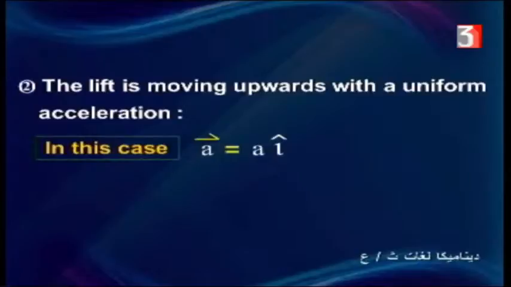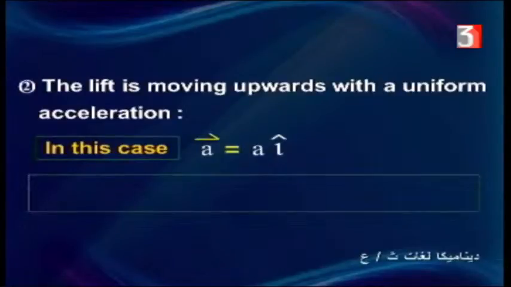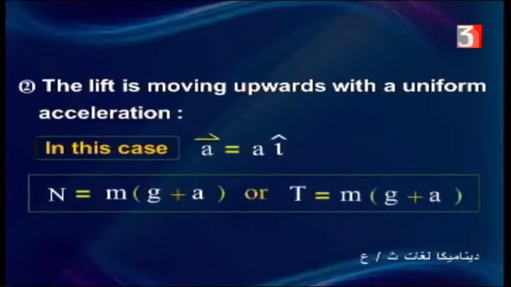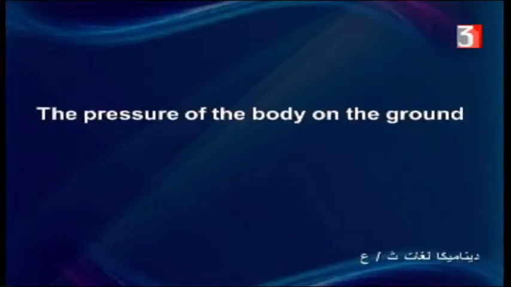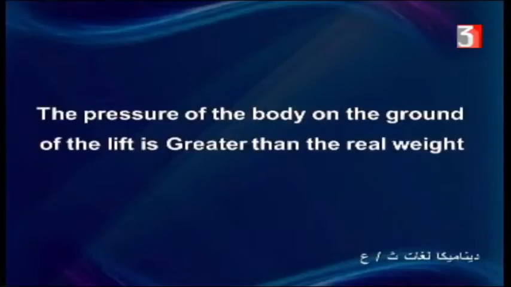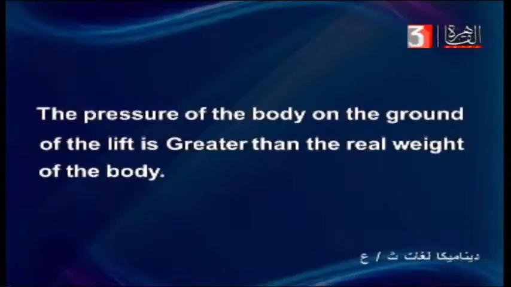The equation is written as N equals m(g plus a), or T equals m(g plus a). In this case, the pressure of the body on the ground of the lift is greater than the real weight of the body.